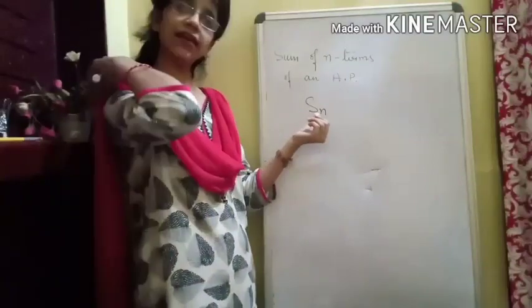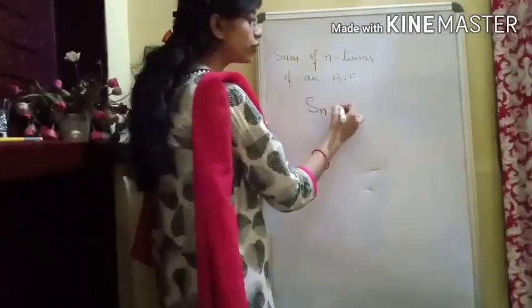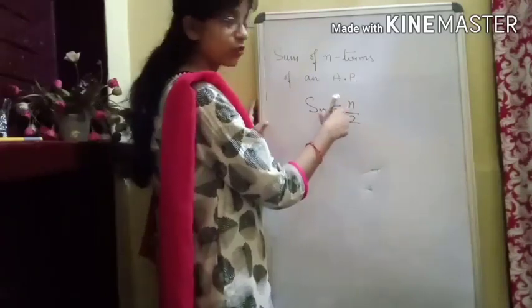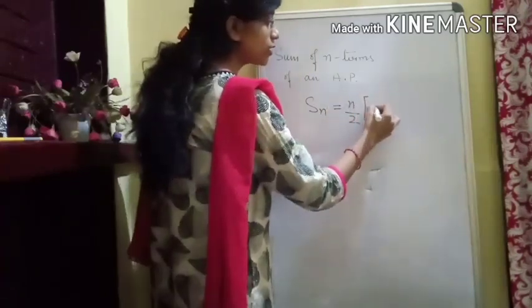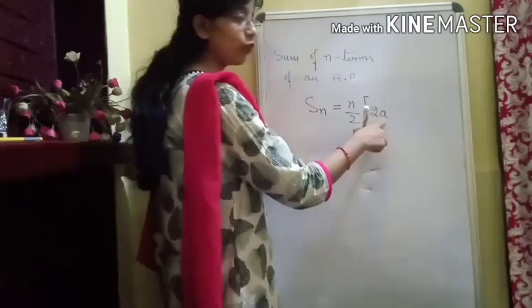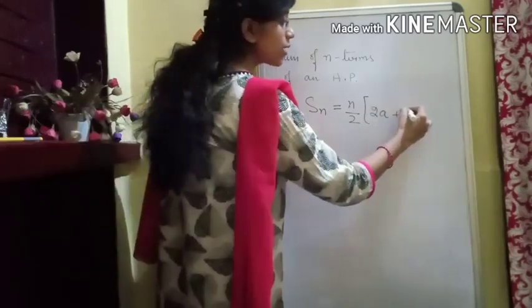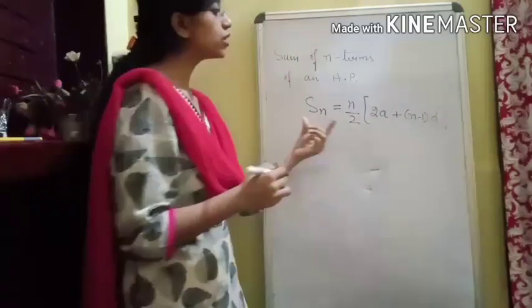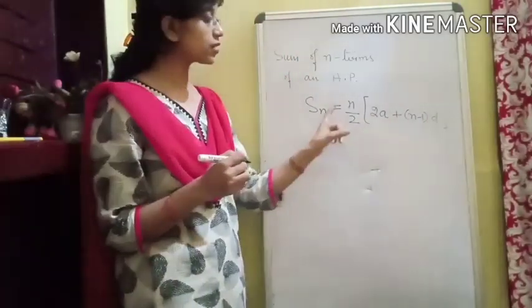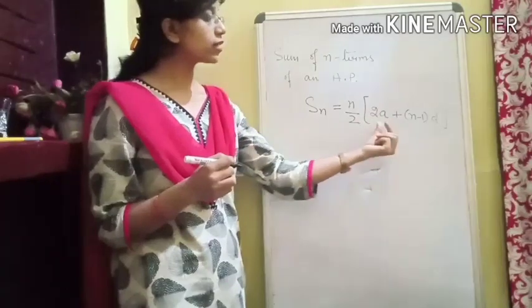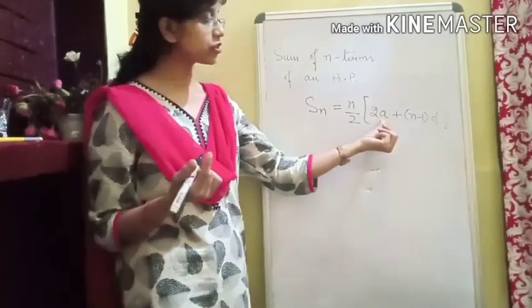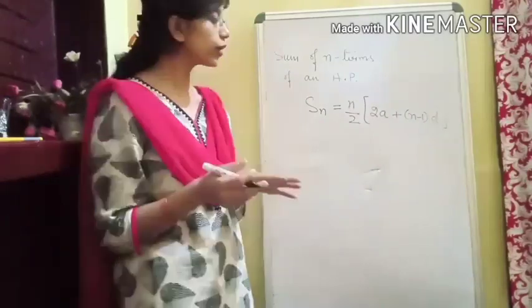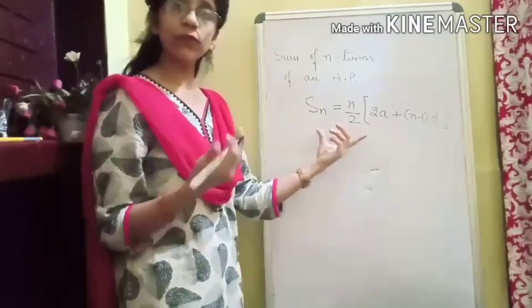The notation is Sn, and the formula is n by 2, in bracket 2a plus n minus 1 into d, where a is our first term and d is our common difference.